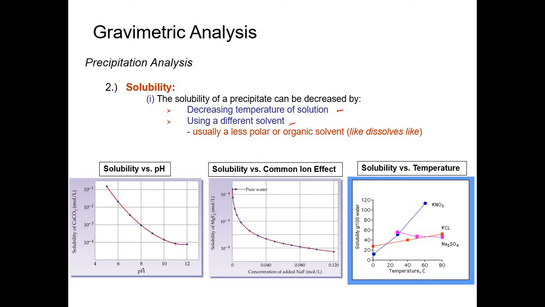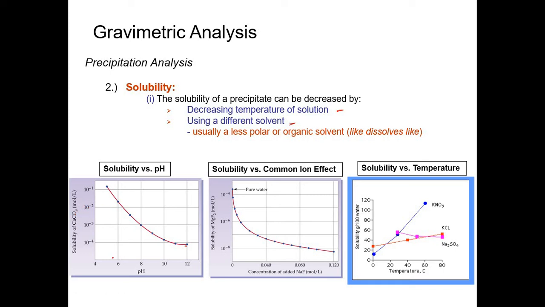Okay, so this is the trend of solubility versus pH. So for example, calcium carbonate is soluble at lower pH. Its solubility decreases at higher pH, right? So you should be able to know what the appropriate pH is to precipitate calcium carbonate.